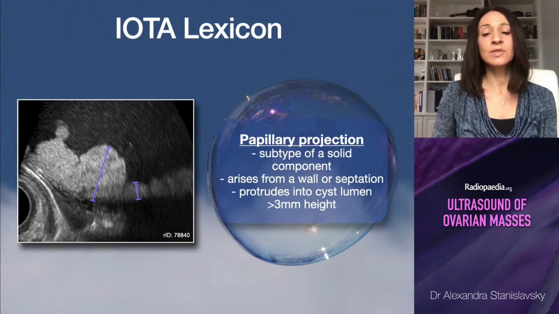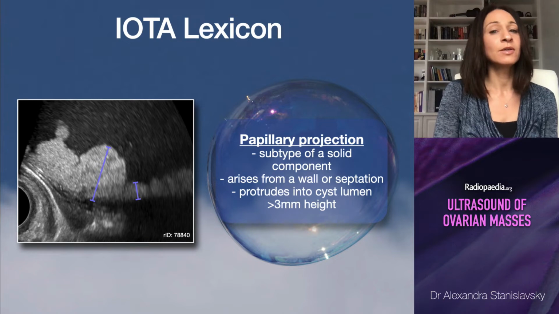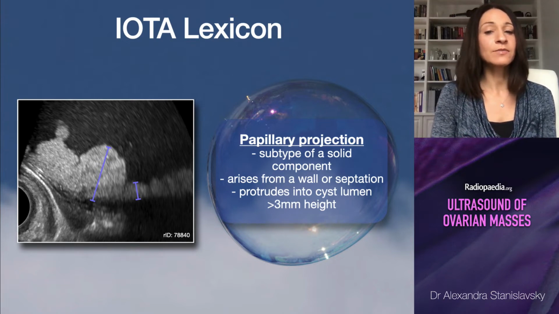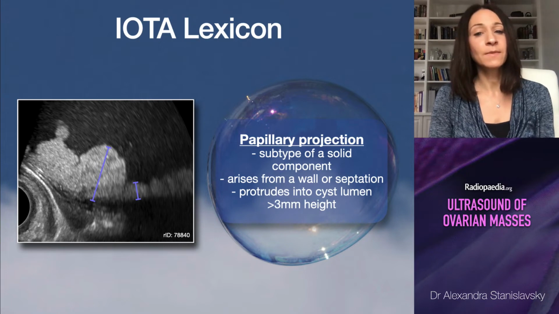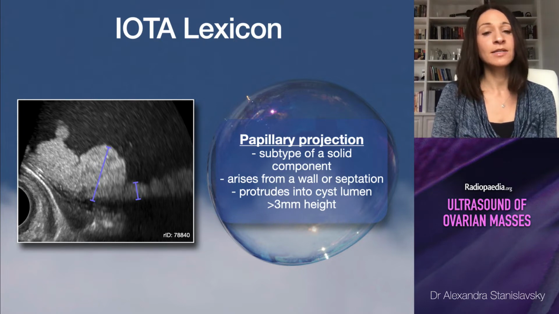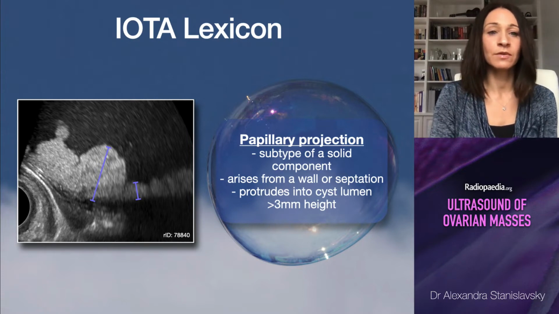And so it was quite useful to have this set of definitions where papillary projection is actually a subtype of a solid component. So if you have papillary projections, it is a cyst with solid components. It arises from a wall or a septation, and it protrudes into the cyst lumen with an arbitrary height cutoff of 3 millimeters. So if it measures more than 3 millimeters, it can be called a papillary projection.